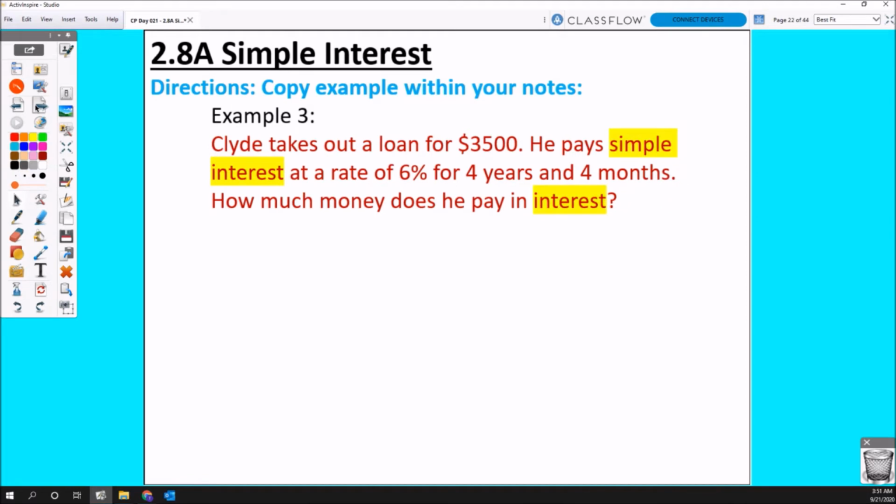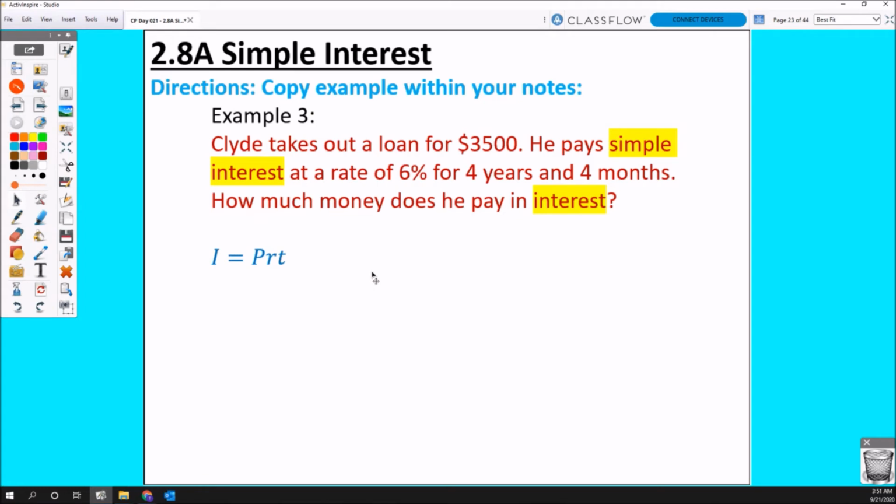Now again, since we're working with simple interest and we're looking for interest, we have to use the given formula, which is I equals PRT, shown right here. So again, you only use this formula when you're looking for interest. But just like in example 2, if you're looking for total value, you still have to do this kind of work.